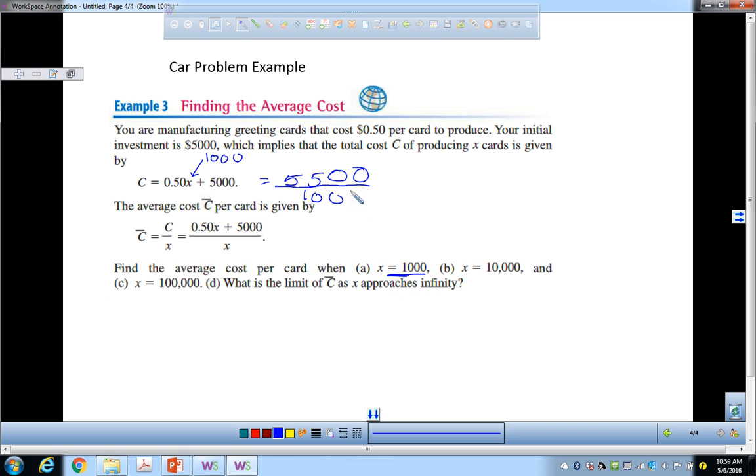If I divide that by how many cards I'm making, in this case 1,000, how much is each card costing me? 5,500 divided by 1,000 is $5.50. So if you produce 1,000 cards, it costs you $5.50 per card.